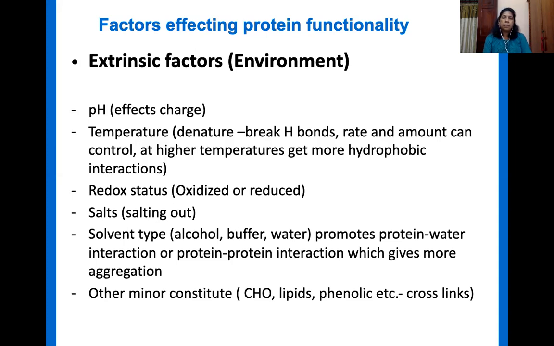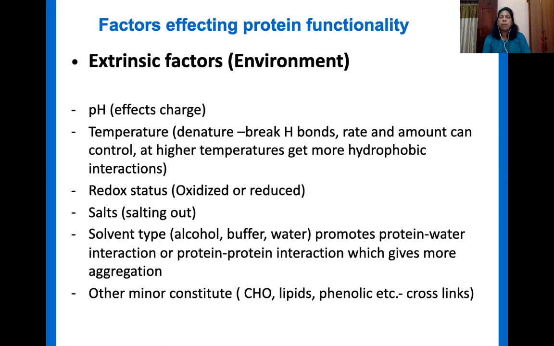If we increase the temperature of the protein-based product, what will happen is it breaks the hydrogen bonds, and the rate and amount we can control. At higher temperatures you get more hydrophobic interaction.